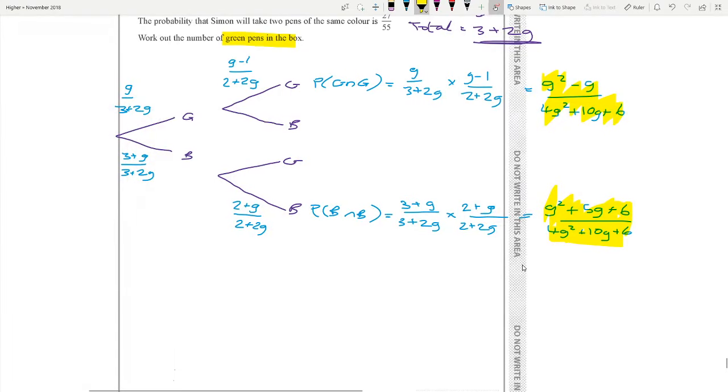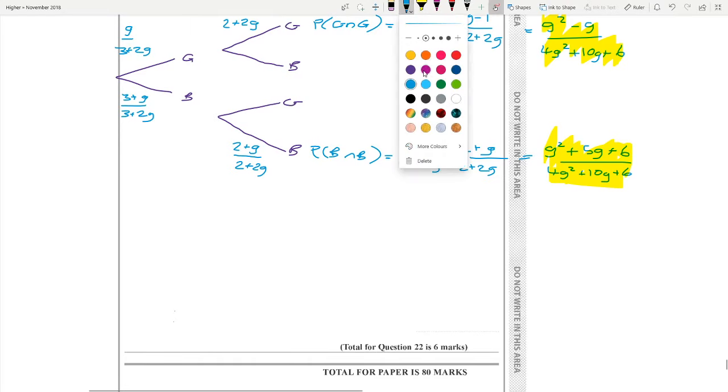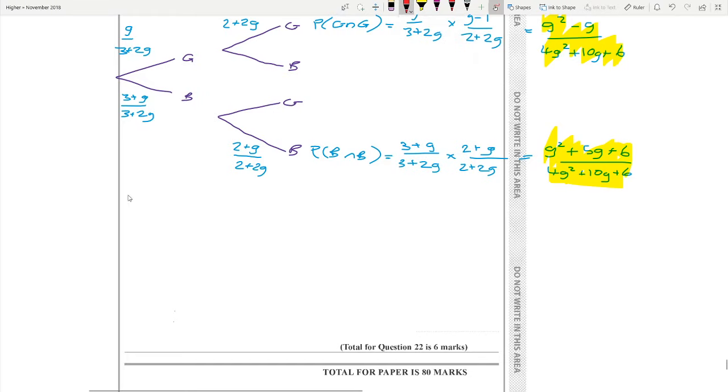Okay, so let's write that down. So the probability that he gets the same color is going to be that fraction of getting a green and a green, add that fraction here.